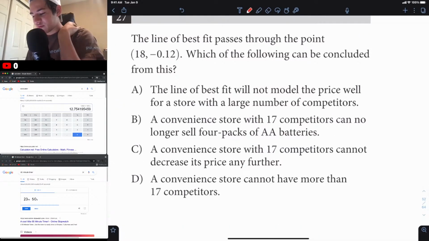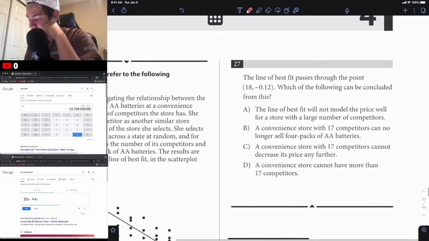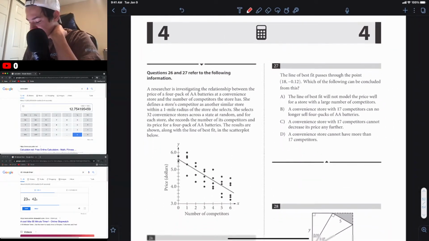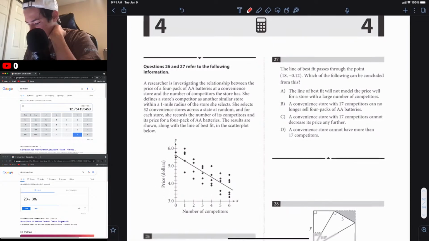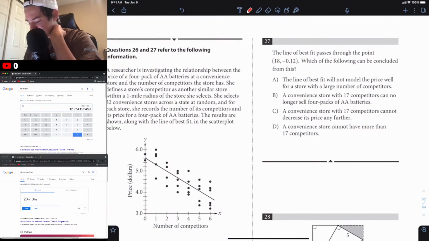Line of best fit passes through the point 18, negative 12. Which of the following can be concluded? Line of best fit will not model the price for a store with a large number of competitors. Yes, I think. Actually, no. Yeah, it will not model a store.